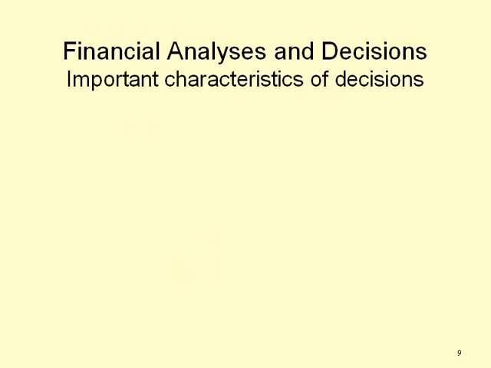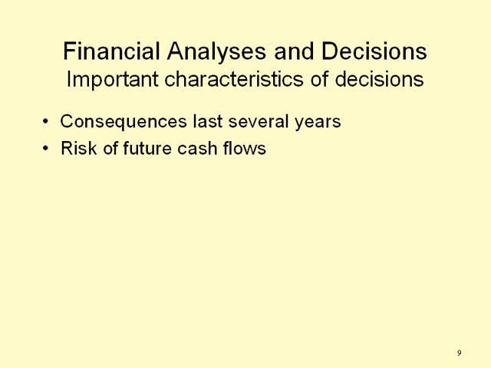Some other important characteristics of these decisions that we're going to need to keep in mind as we move through the course. The decisions typically involve consequences for the firm that last for several years. Now, several years could be anywhere between 3 and 100. So the decisions we're looking at have implications for the cash flows of the firm for some period of time between 3 and, let's say, 100 years. When we do these decision analyses, there's typically significant risk in projecting what the future cash flows might be.